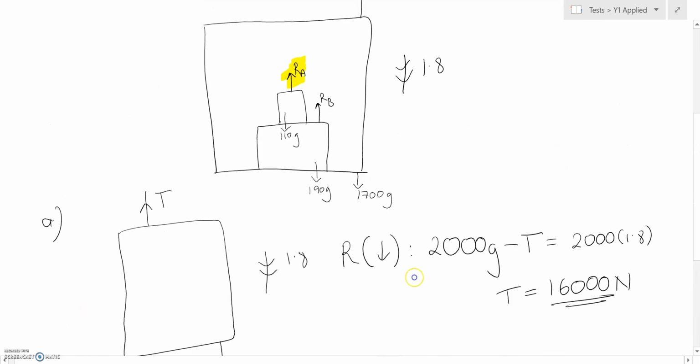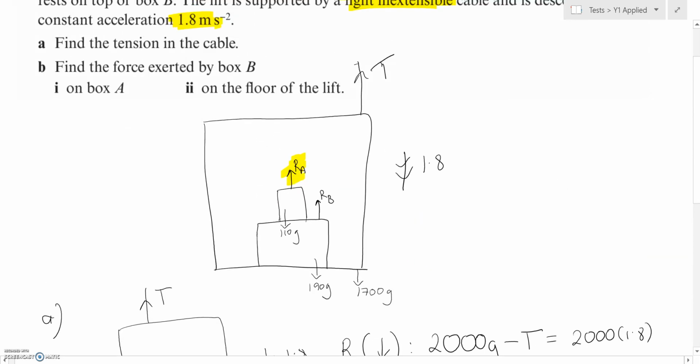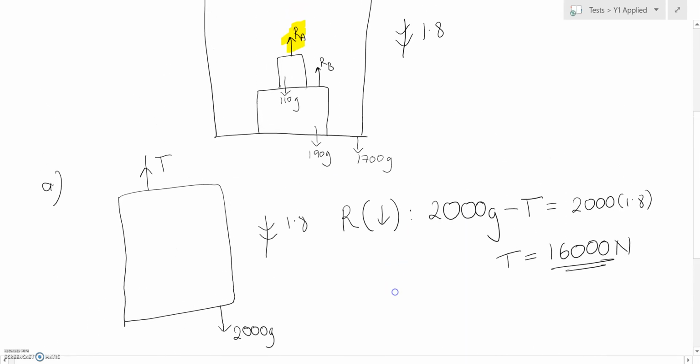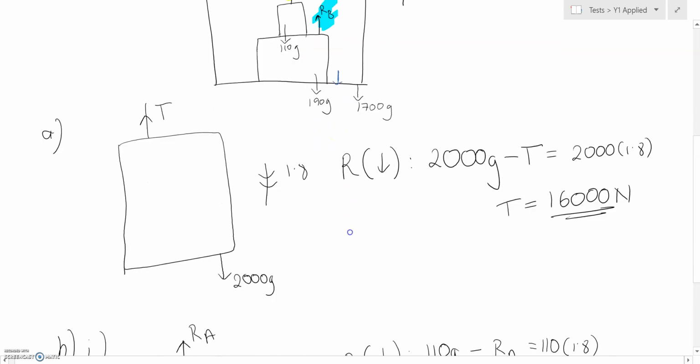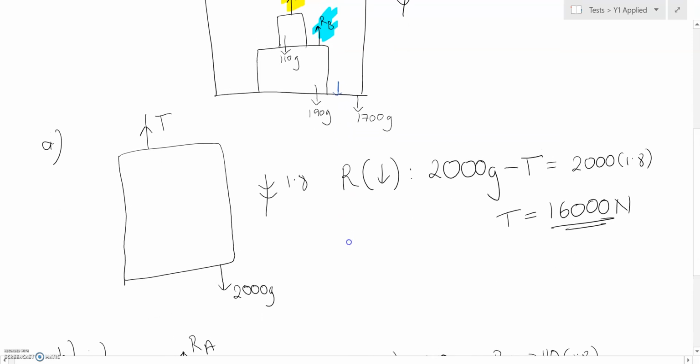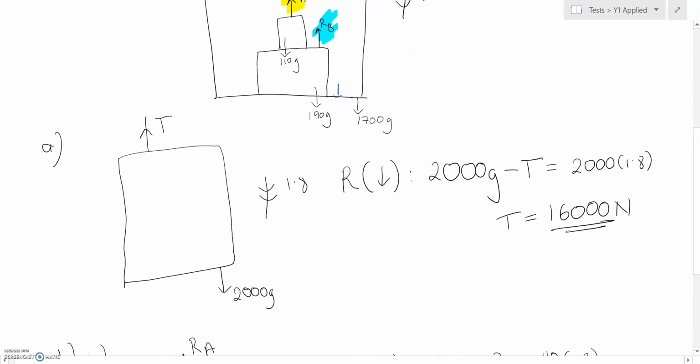The next part said, find the force exerted by box B on the floor of the lift. As I said earlier, we're being asked to find out what RB is. That force that the lift exerts on B is the same as the force B exerts on the lift itself, because of Newton's third law, equal and opposite reaction force.